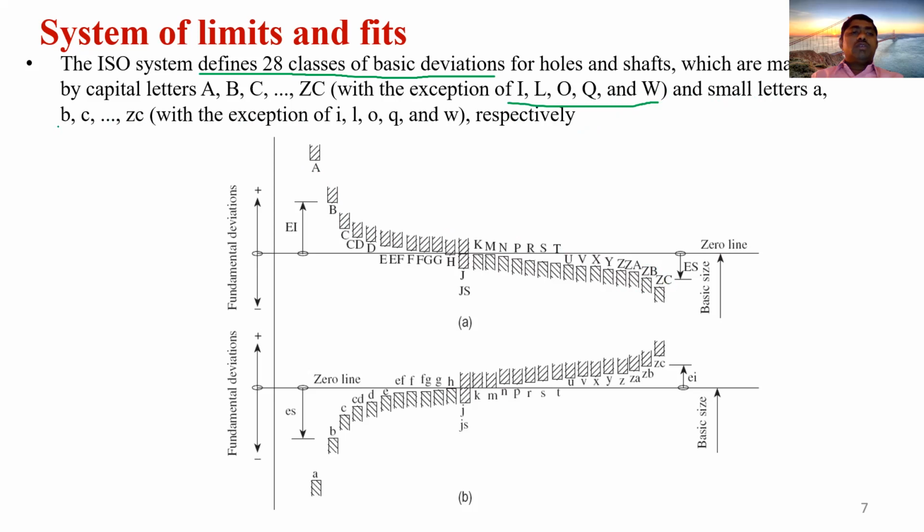The small letters are also used for shafts, a to zc, with the exception of I, L, O, Q, W. This figure was already explained in the last class when discussing the deviations.